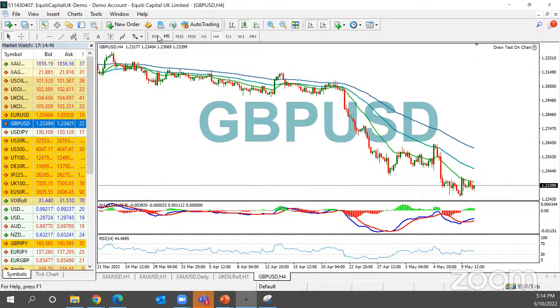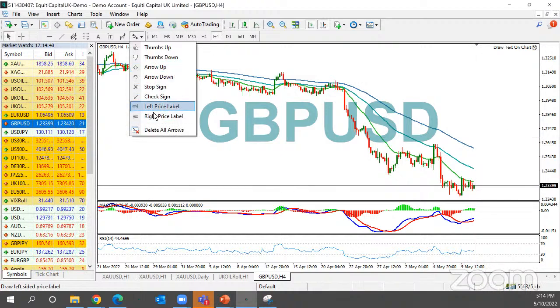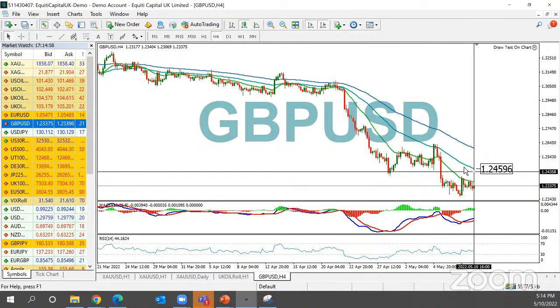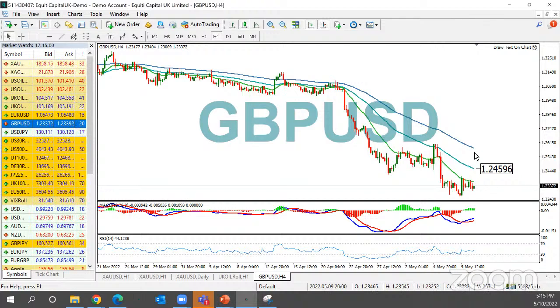So what are my main levels to look at? Let's start with the moving averages. The moving averages are at 1.2459 or 1.2460. A break of this level means a full confirmation that this downtrend has finished. A further move to the upside, above these highs and above the second moving average, which is at the level of 1.26, may give us a clear signal to go long, for instance.